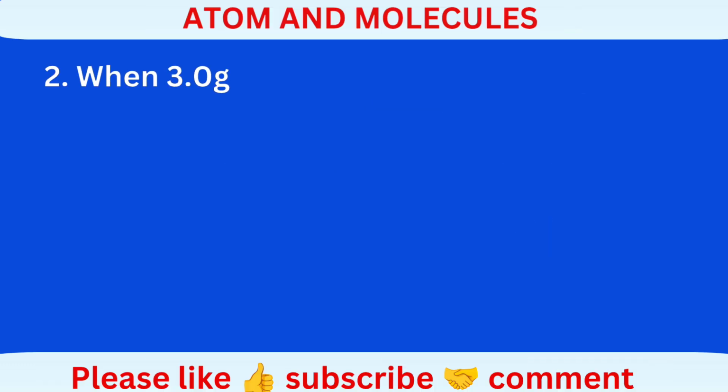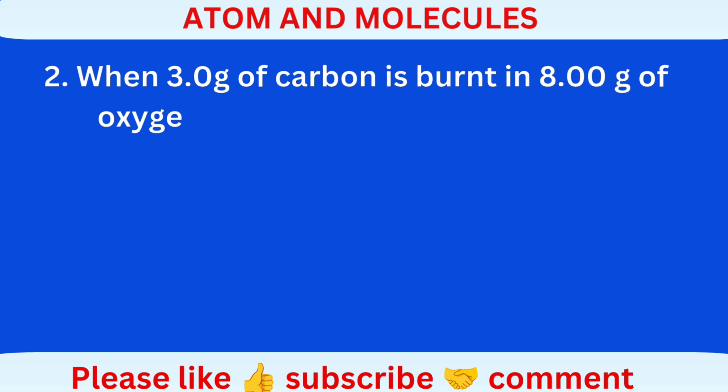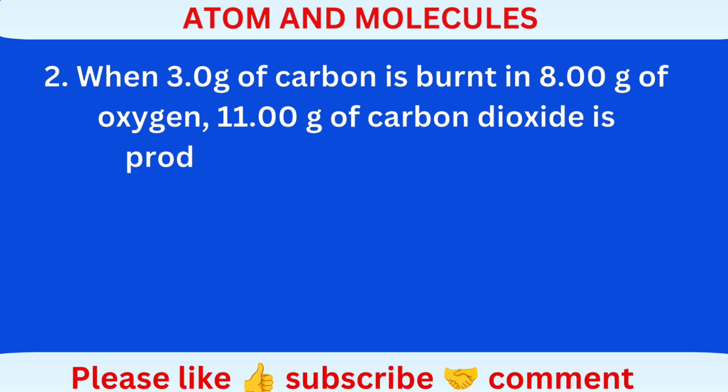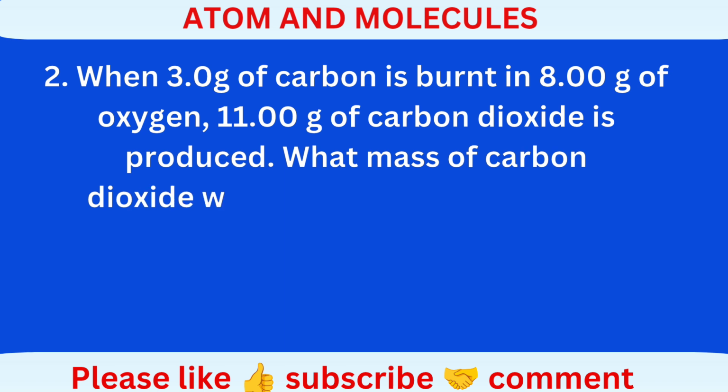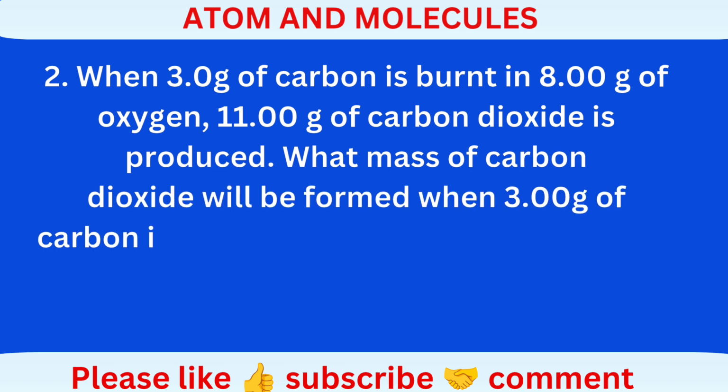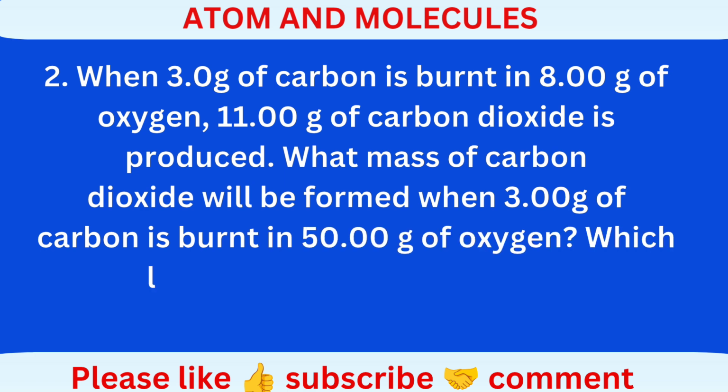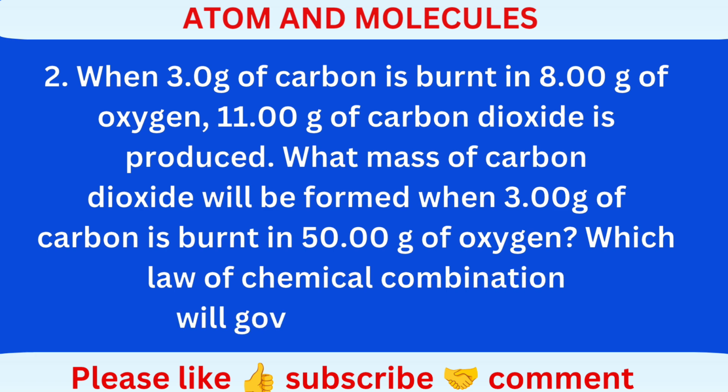Question number 2. When 3.0 gram of carbon is burned in 8.00 gram of oxygen, 11.00 gram of carbon dioxide is produced. What mass of carbon dioxide will be formed when 3.00 gram of carbon is burnt in 50.00 gram of oxygen? Which law of chemical combination will govern your answer? Solution.